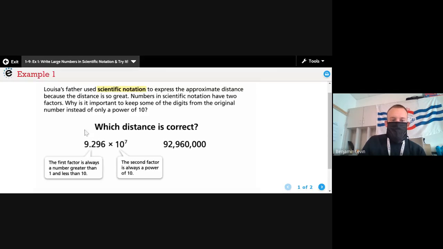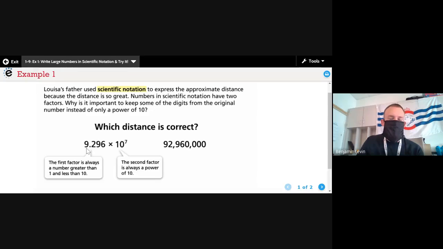It's never going to be 0 point something, and it's never going to be double digits. You wouldn't have 92.96, because if we wrote it 92.96, we'd have to write it 10 to the 6th. So that's the rule for writing it.